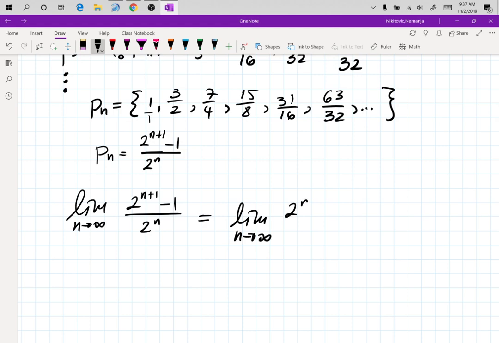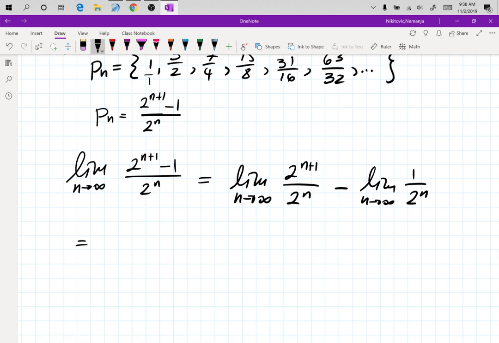One is the limit of 2 to the n plus 1 over 2 to the n, minus another limit, n goes to infinity, of 1 over 2 to the n. So this is a basic property of limits. Now we use another algebra property, which says that 2 to the n plus 1 is 2 to the n times 2, right? We peel off one of the 2's.